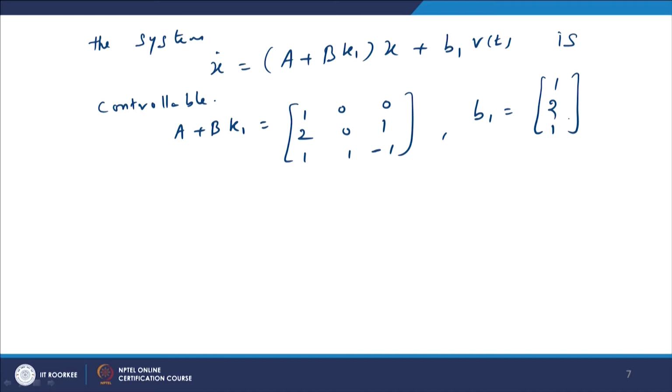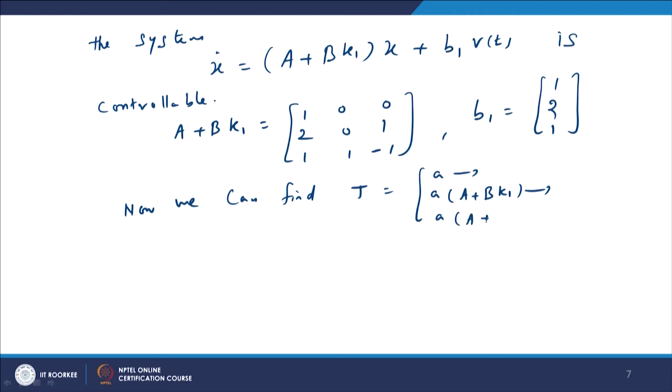Now, by using the companion form and the theorem of feedback control, we can find the T which is of the form: the first row is a, the second row is a into A plus B K1, the third row is a into A plus B K1 square.